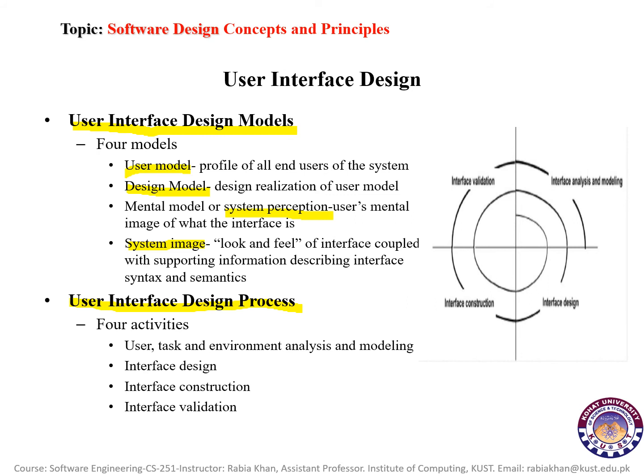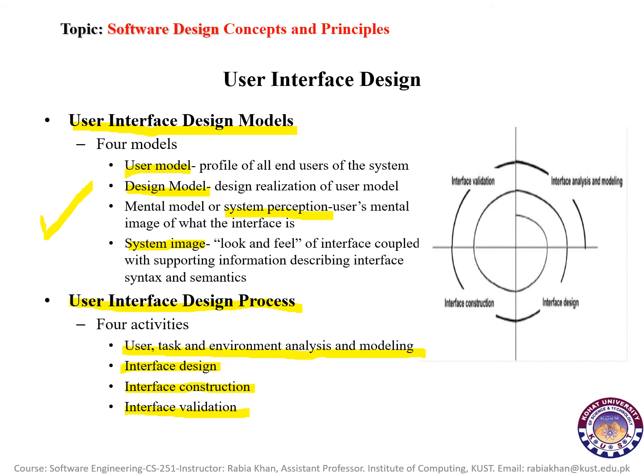The first activity is user, task and environment analysis and modeling, which we just did in the previous models topic. The second activity is designing the interface. The third activity is interface construction, and the fourth activity is the validation of the interface.